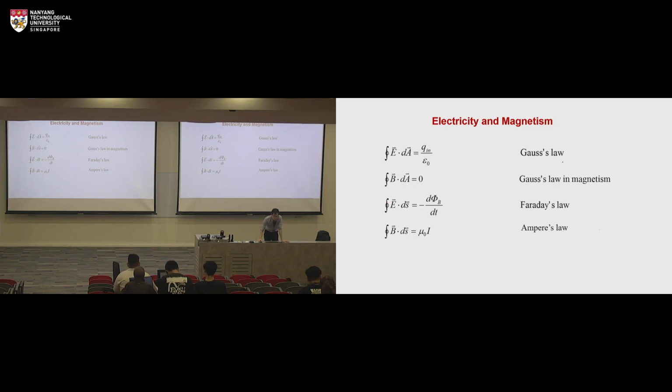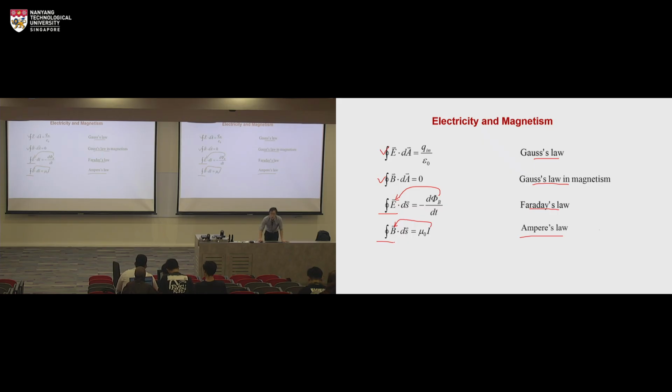So the Gauss's law for electricity, Gauss's law for magnetism, and Faraday's law for the conversion of B to, you can say, B to I or B to E, and the Ampere's law for the opposite process from I to B. So this is about electricity, magnetism, and these are about the conversion from B to E, from E to B, right?